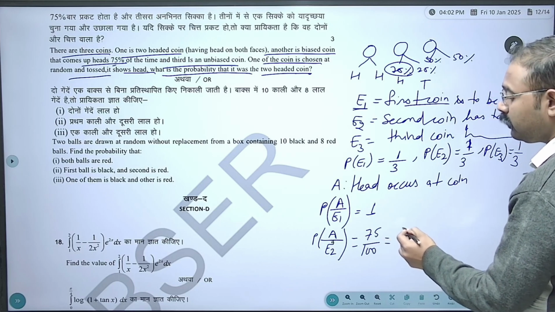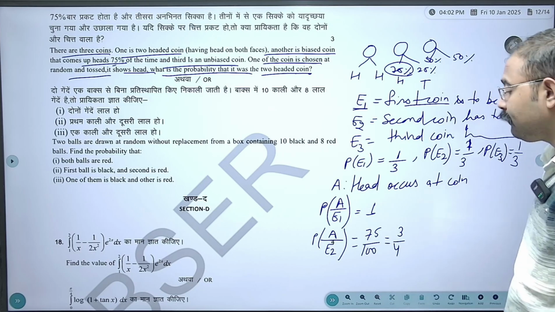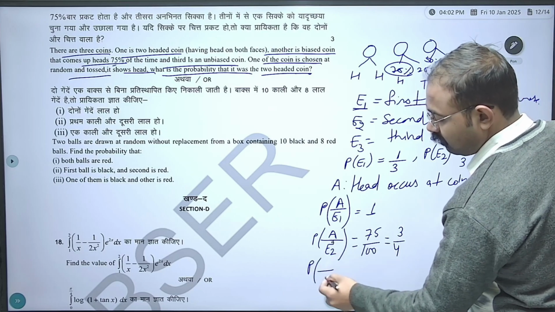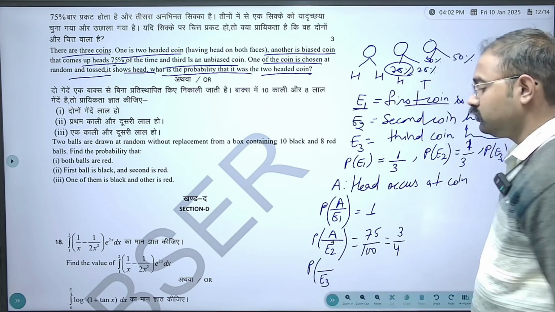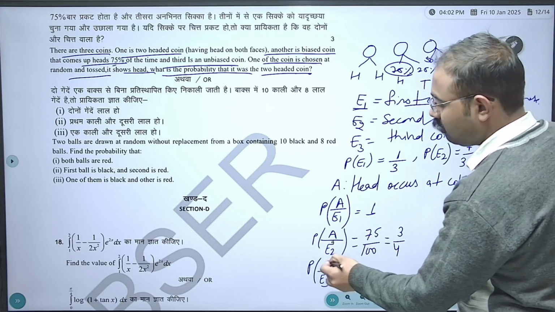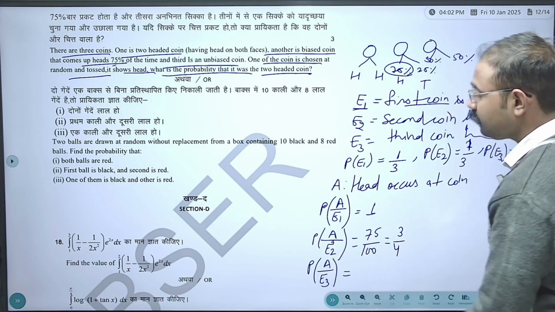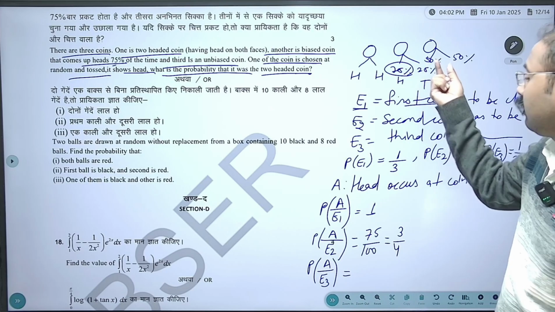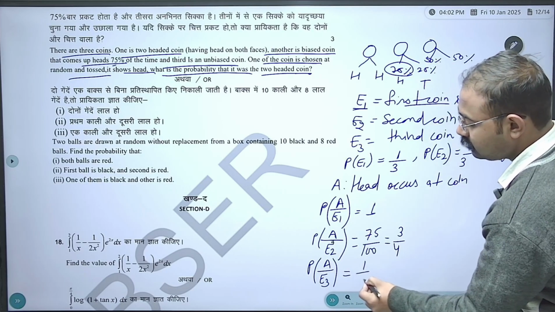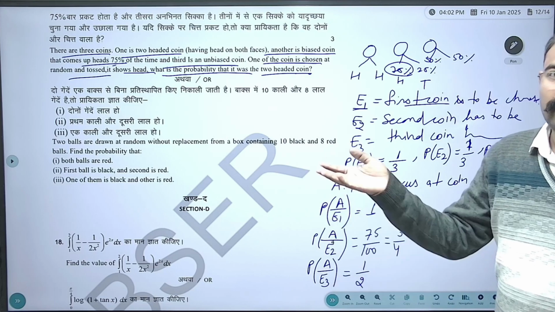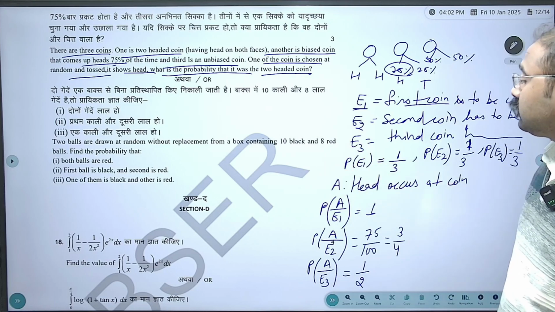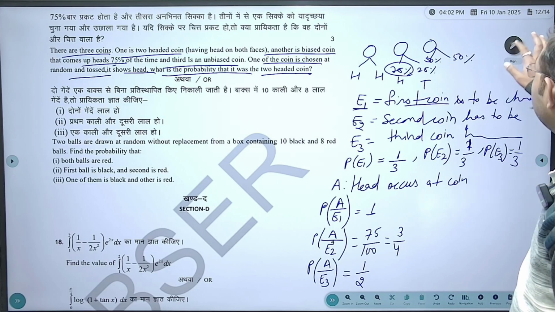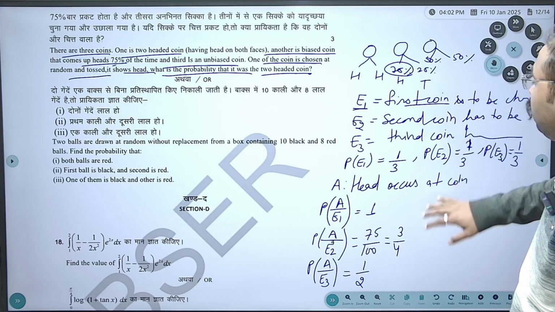By simplifying it, 25 3s are 75 and 25 4s are 100, so 3/4. Then the probability of choosing the third coin and then the probability of head. The third coin is an unbiased coin, and on that coin the probability of getting head is 1/2, means both are equally likely outcomes. There are 50% probability of getting head and 50% for tail.